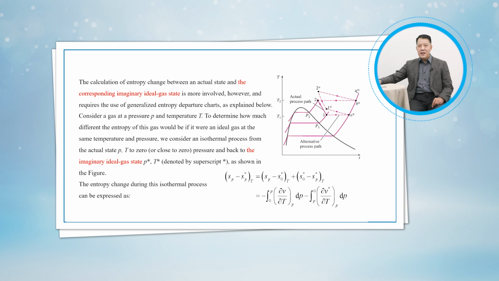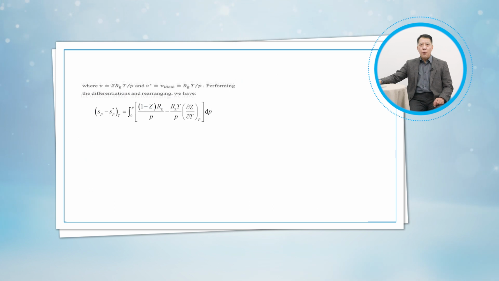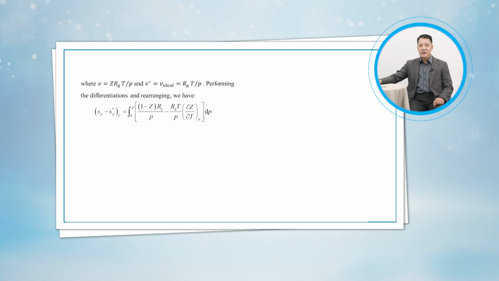The entropy change during this isothermal process can be expressed as shown, where V is expressed by this relation, V equals Z R_u T over P, and V* is expressed by this relation, V* equals V ideal equals R_u T over P.